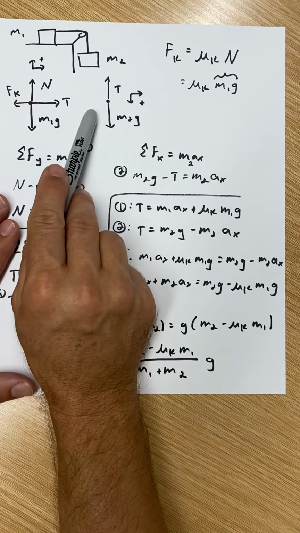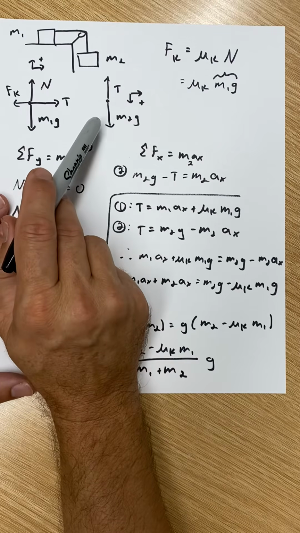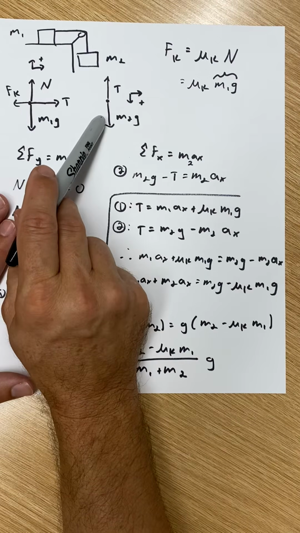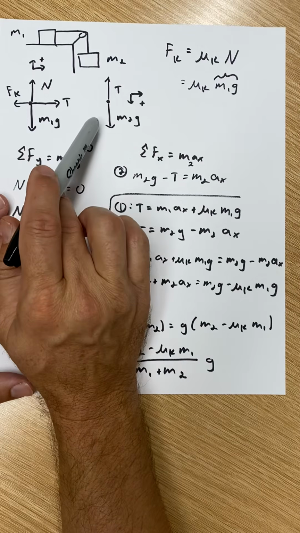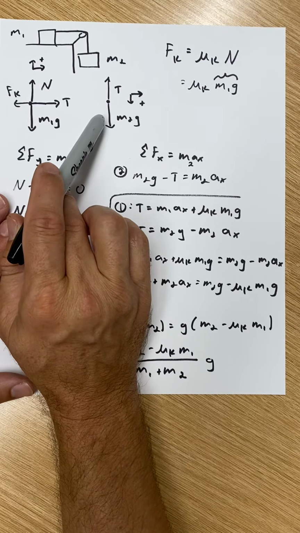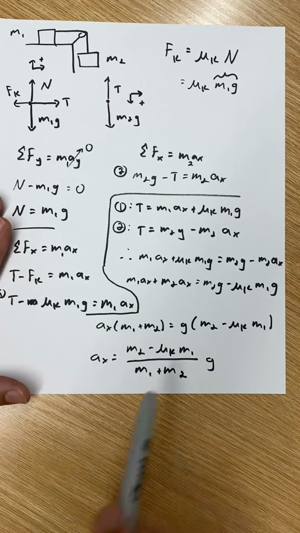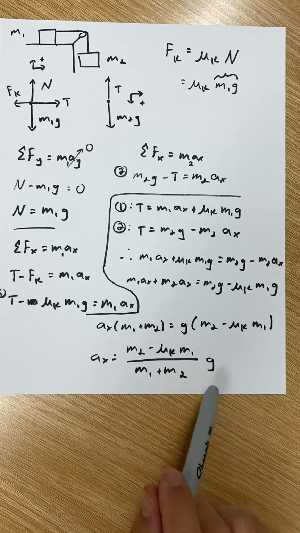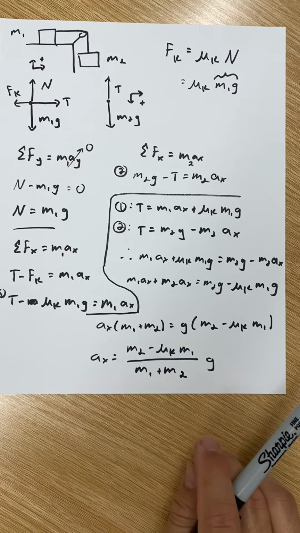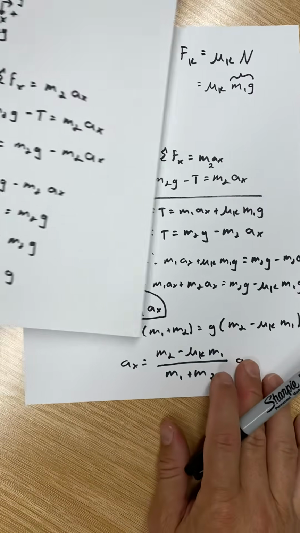If I look at this free body diagram, I have to recognize that this is subject to more forces than just gravity, right? It's m2g minus tension. So I'm looking for the acceleration to be less than g, which it is. The same thing happened in the other problem that I solved. However, the other problem didn't have friction.